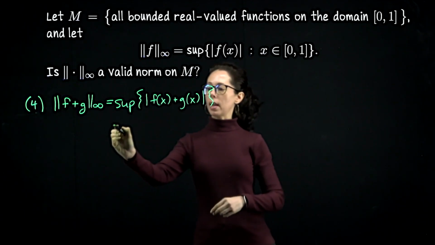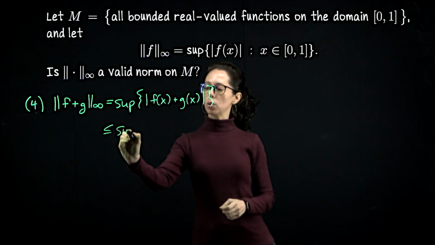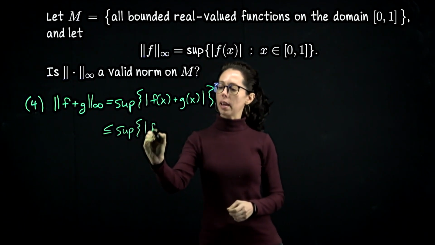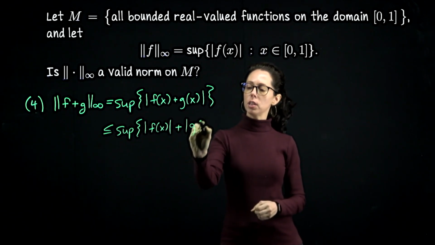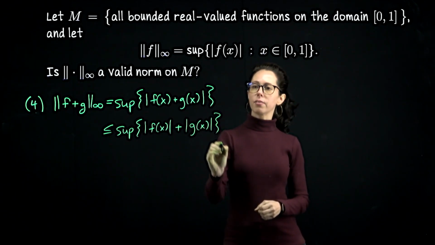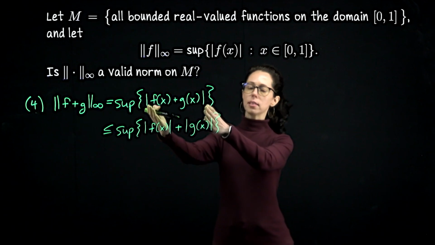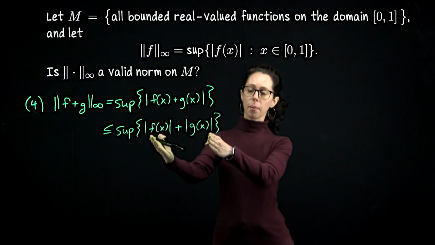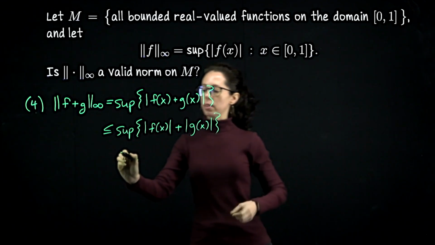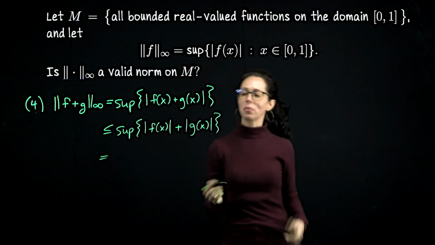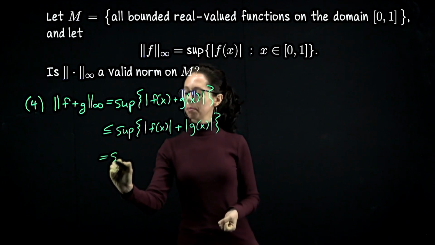So the sup of this set is less than or equal to the sup of this set. So the absolute value of f of x plus the absolute value of g of x, because again, for each x from the domain, this number is less than or equal to this number. So this set supremum is less than or equal to this set supremum. And now again, with sup algebra from, say, Real Analysis 1, we break this up.